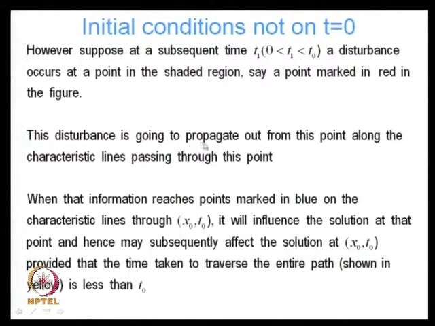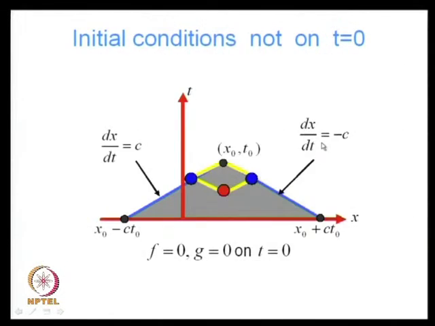In that case, the disturbance is going to propagate out from this point along the characteristic lines passing through this point, with slope c and minus c. This is going to move out, and then it reaches these blue points, right.